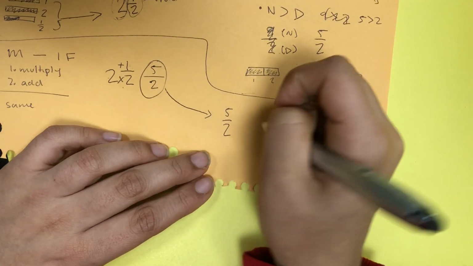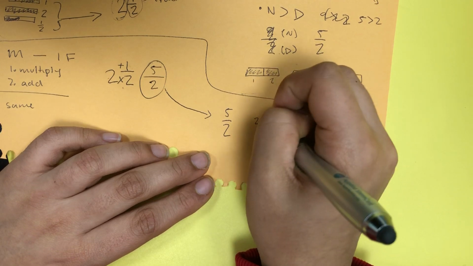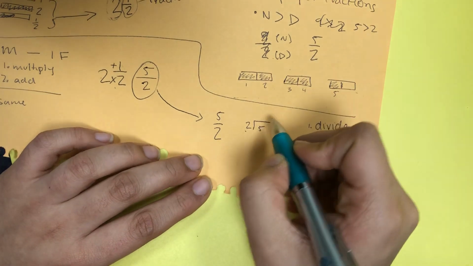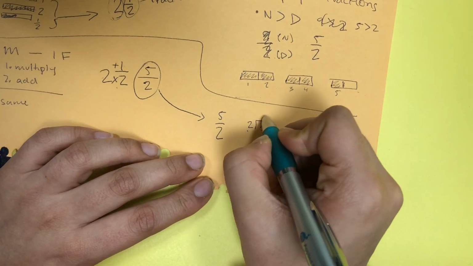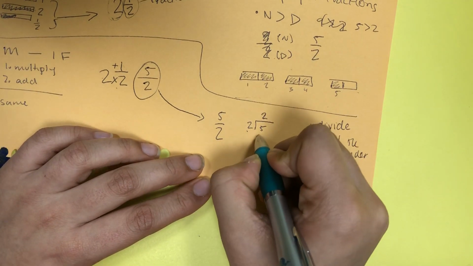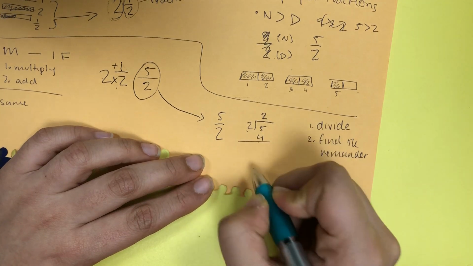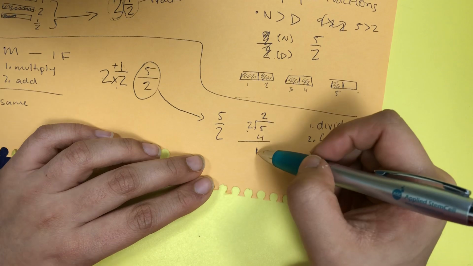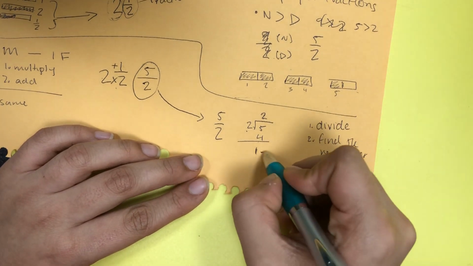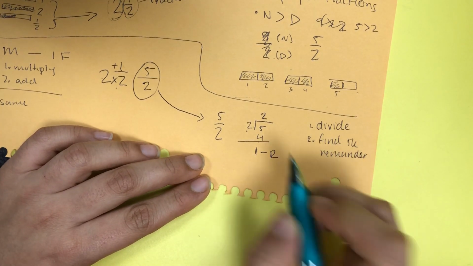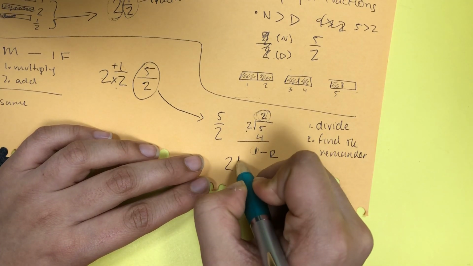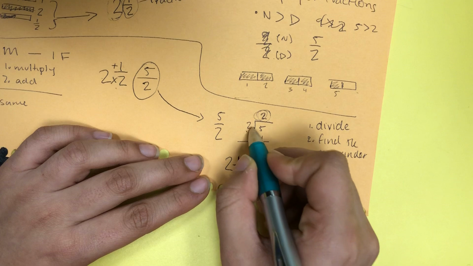So if we have 5 divided by 2, we know that 2 times 2 is 4. 5 minus 4 is 1. And 2 does not go into 1, so that is our remainder. So we have 2 and 1 remainder. And that 1 is over the 2.